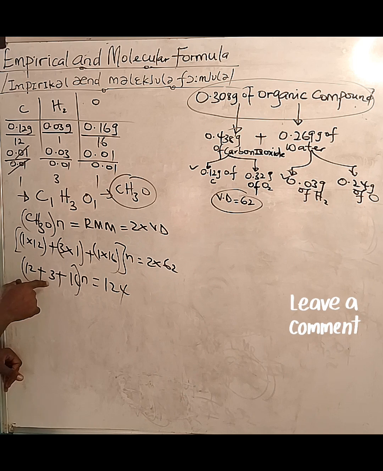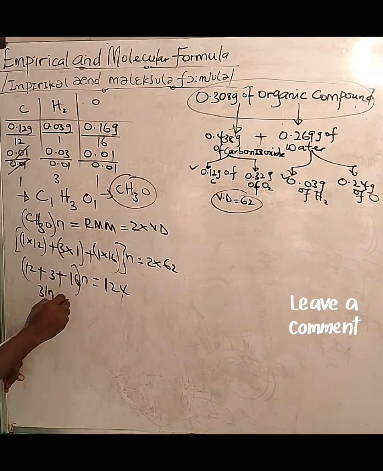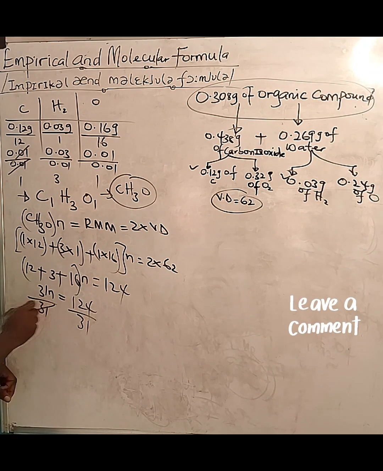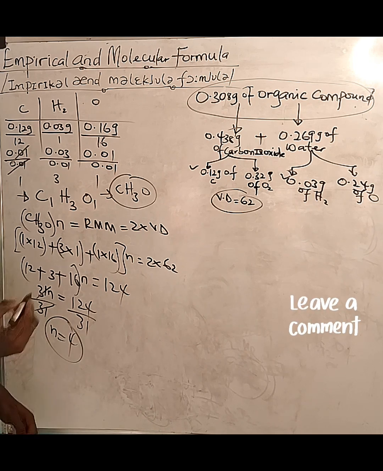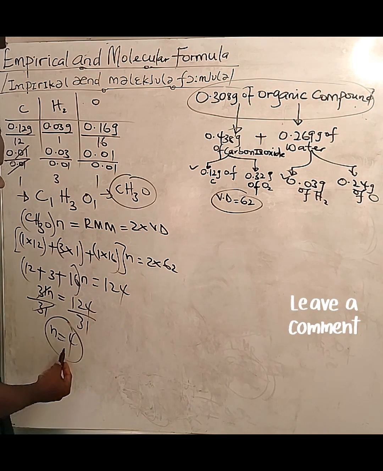So 12 plus 3 is 15, 15 plus 16 is 31, so 31n equals 124. We'll divide both sides by 31, so n is 4. So the number of imaginary atoms is 4.